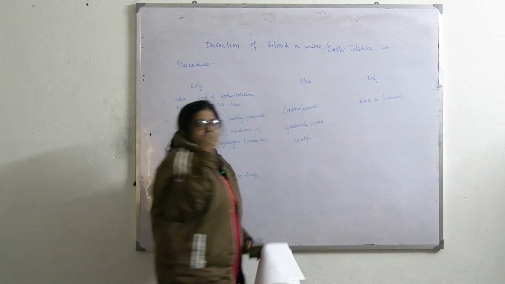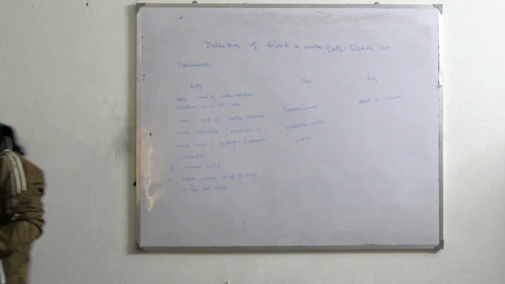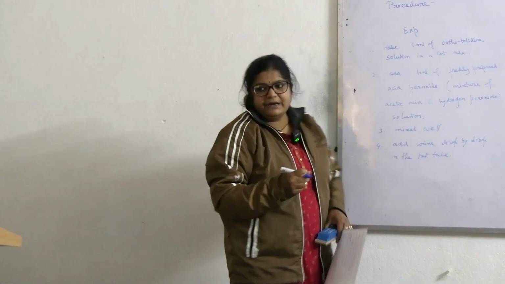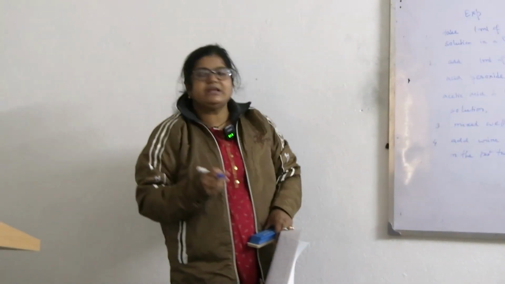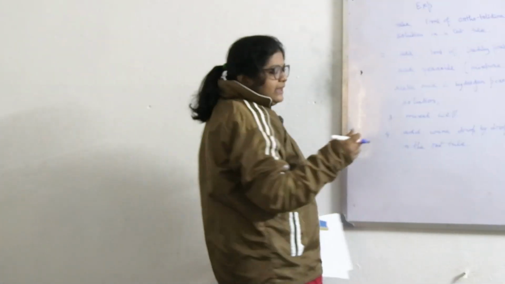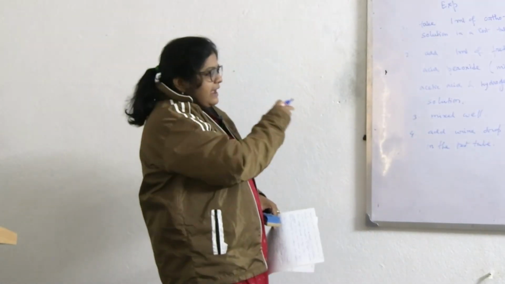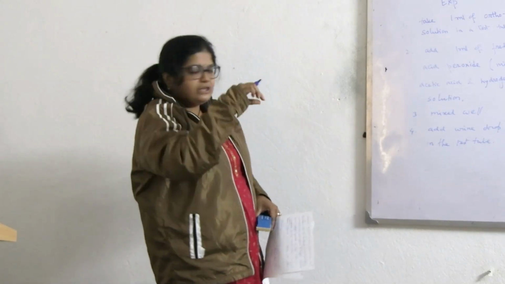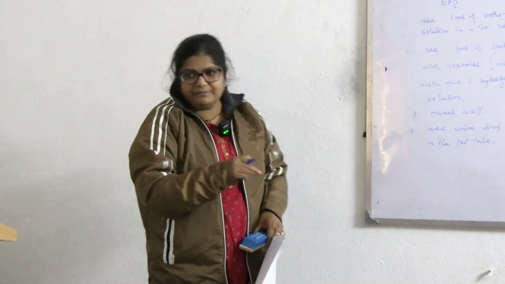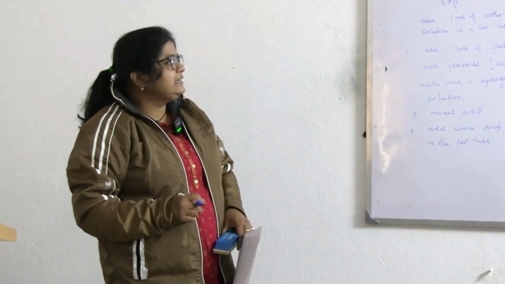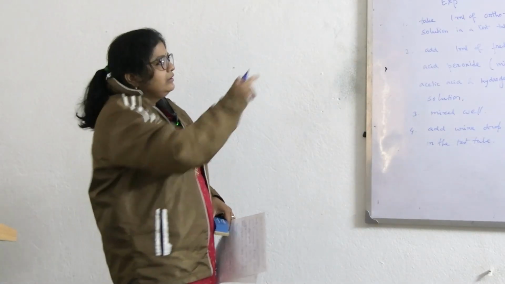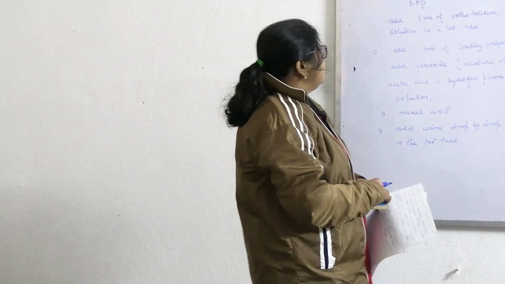Okay. So, take a test tube, then add 1 ml of orthotolidine solution, then add 1 ml freshly prepared acid peroxide solution, which is glacial acetic acid and hydrogen peroxide mixture, and then mix well. Okay. Then add drop by drop urine solution. If urine contains blood, then transparent greenish color will develop. That means the inference is blood is present. Okay.